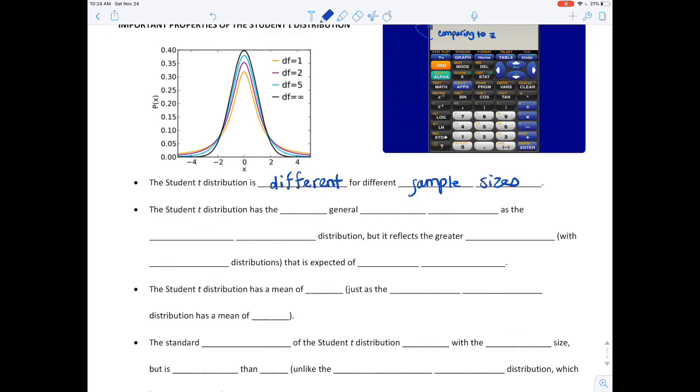The student t distribution has the same general symmetric shape as the standard normal distribution, but it reflects the greater variability with wider distributions that is expected of small samples.